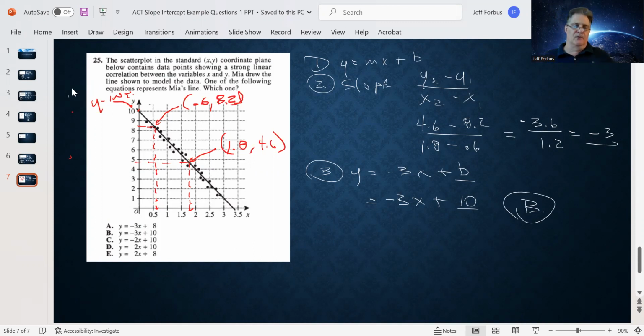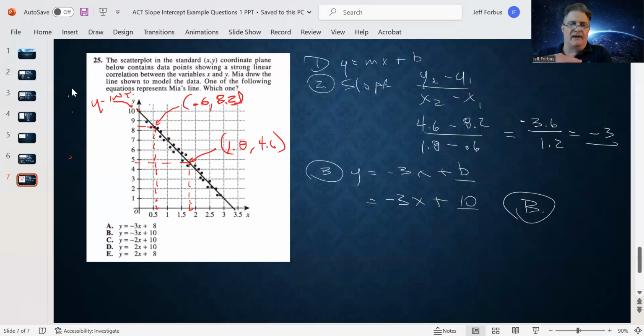Yeah. Okay, good. So this is just a few questions on how they lay out the slope intercept questions on the ACT, and I hope it's helpful to you.